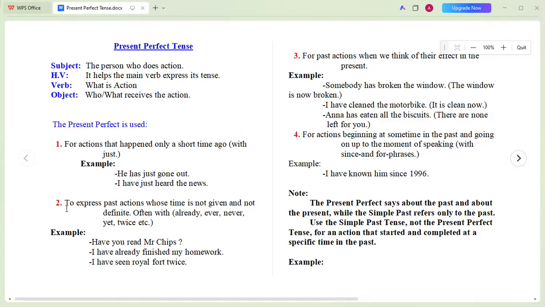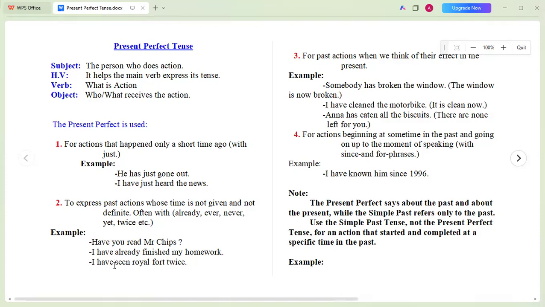Number two, this tense is used to express past actions whose time is not given and not definite. Okay, often with it, this tense is used with already, ever, never, yet, twice, etc. Such as if I ask someone, have you read Mr. Chips? Who don't know what is Mr. Chips? It is a novel.